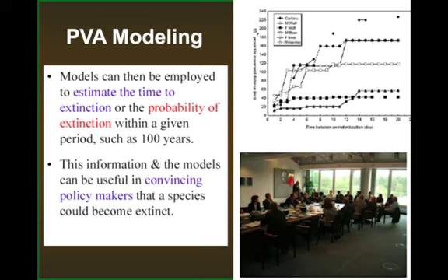This is just to show you the kinds of simple graphs that PVA models can put out. And again, one of their real powerful things is that they produce these graphs that are relatively straightforward and easy for policymakers and other stakeholders to understand. They're not real complicated.